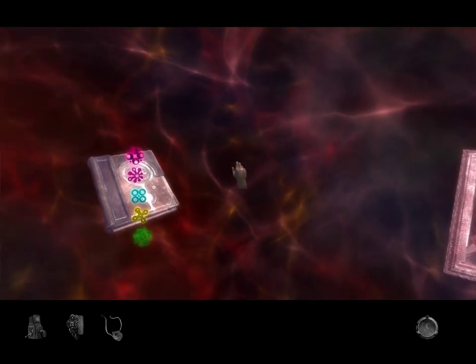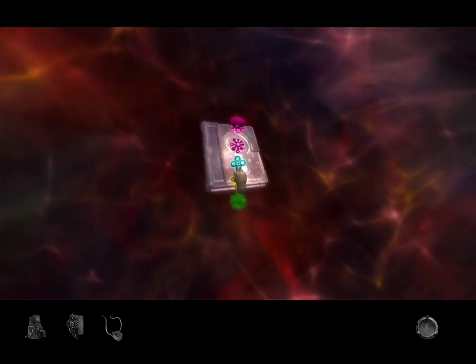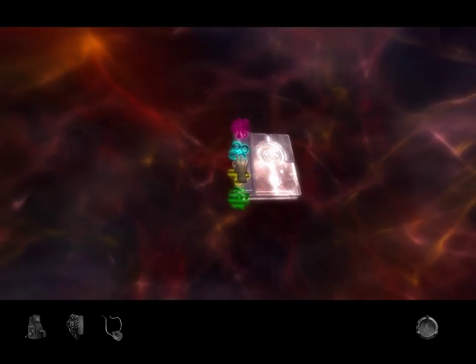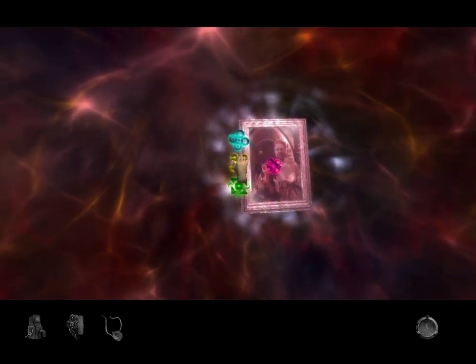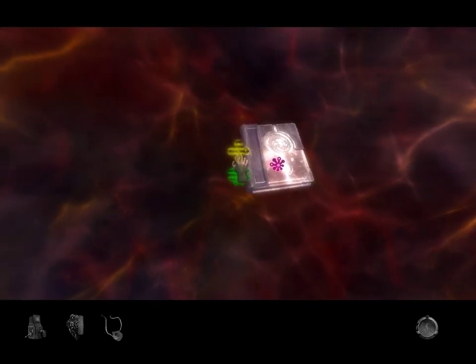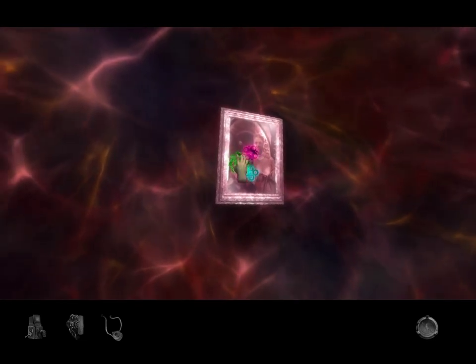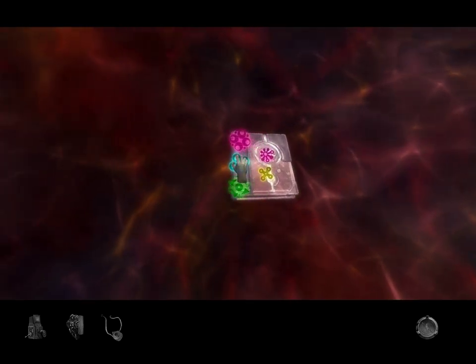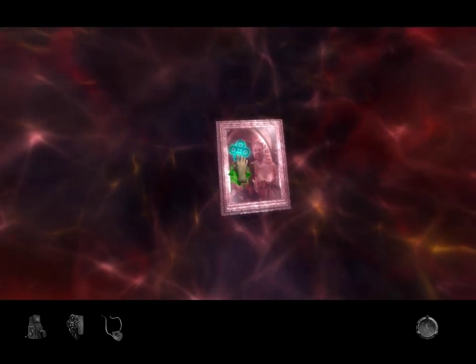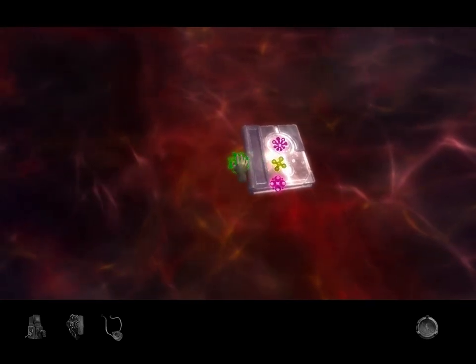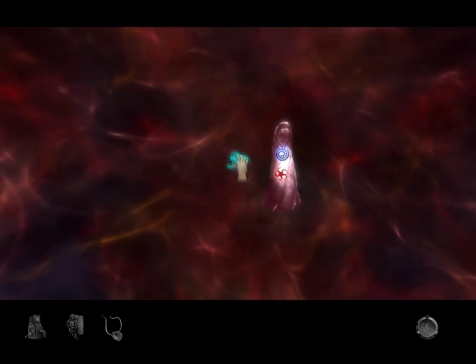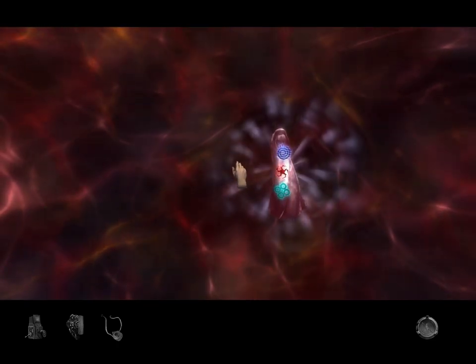And finally, this one, "They break." That unfortunately isn't going to work. So we're going to have to take some extra steps in between. And there we are, that's the next one solved.